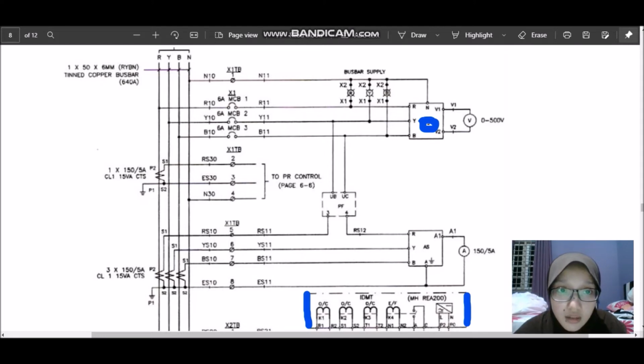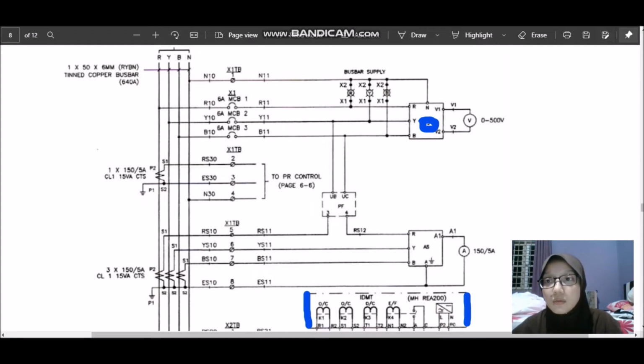As we can see here, the bus bar supply connects to VS, and also here R, Y, B connect to AS, the ammeter selector. But from here R is connected with PF directly to this line to connect with VS. Okay, and that's all.